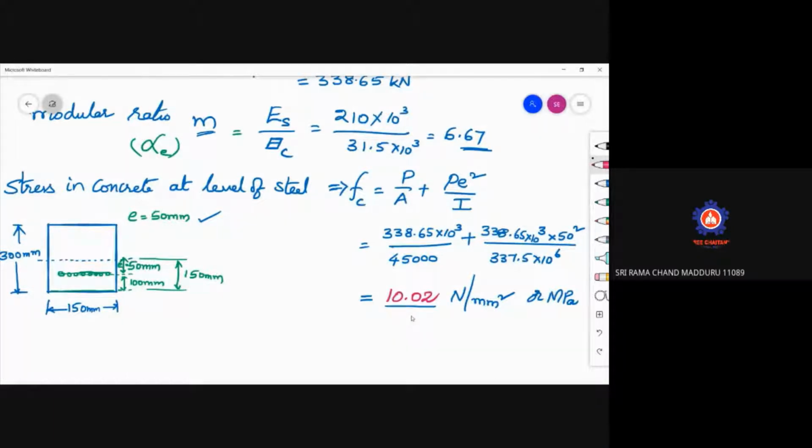We need to calculate the loss of pre-stress in steel. So you write down loss of stress in steel due to elastic deformation is equal to m into fc.